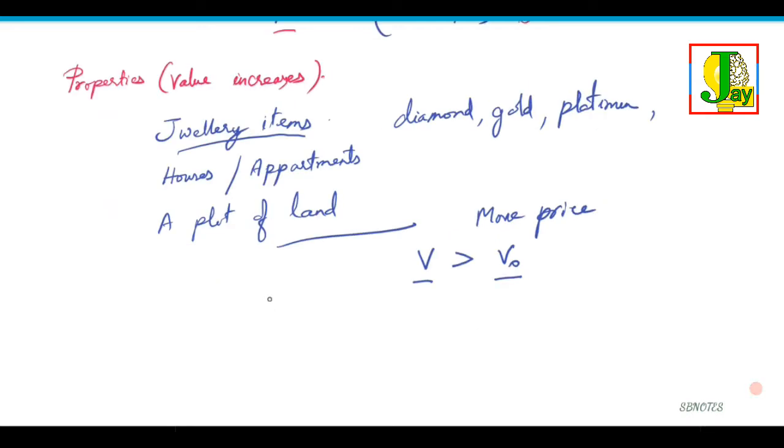And the formula you're going to apply in cases like this is V equals V0 into (1 plus R by 100) whole power N, which is the same as amount equals principal into (1 plus R by 100) whole power N. The original amount is denoted by V0 and the final amount is V.